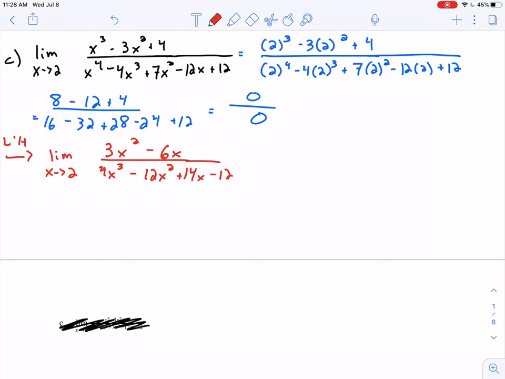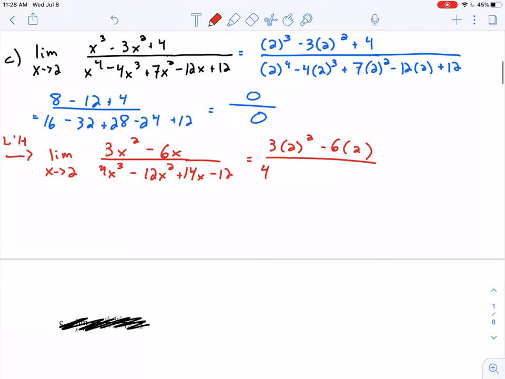Okay, I've used L'Hopital's rule. Let's try this limit one more time. So 3 times 2 squared minus 6 times 2, divided by, in my denominator, 4 times 2 to the third minus 12 times 2 squared plus 14 times 2 minus 12. 2 squared would be 4 times 3 is 12 minus 6 times 2 is 12.